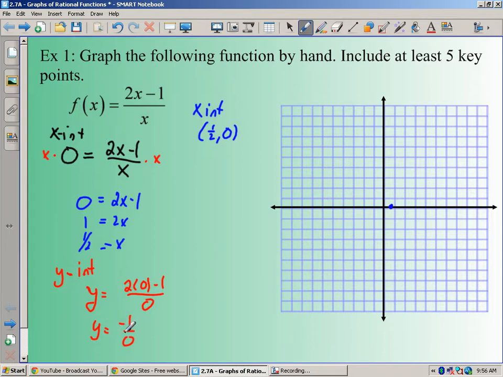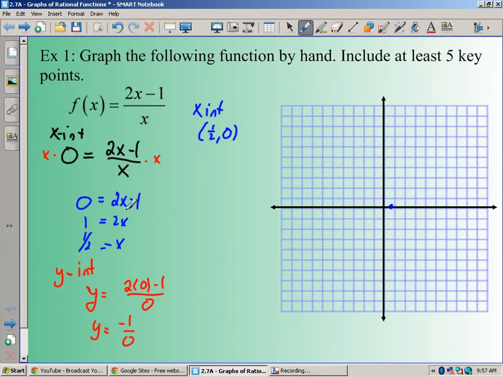So we don't have a y-intercept in this graph. There's some good information that we get from this, and we'll talk about it in a moment.